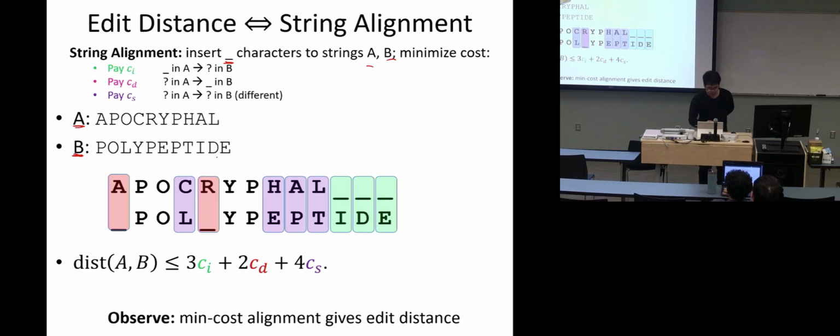We just want to ask: when should we insert a blank character into A and B so that this alignment has minimum cost? That's our problem. Okay. Any questions about the problem?